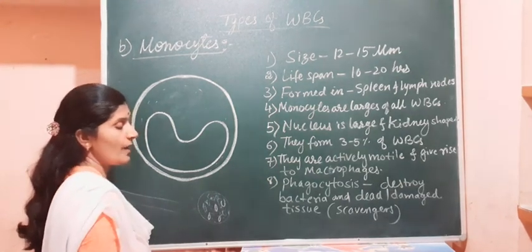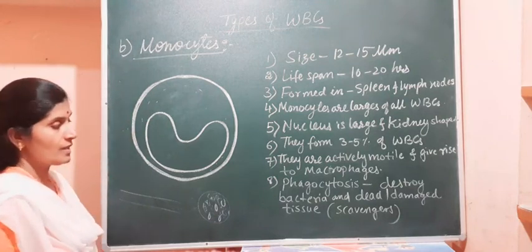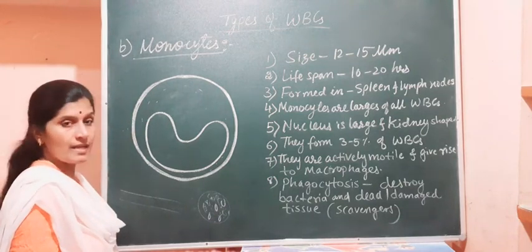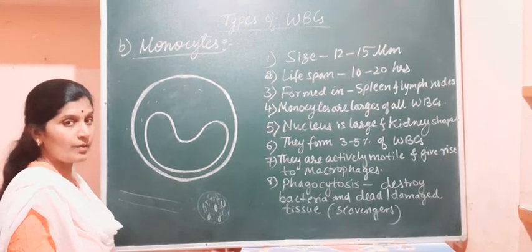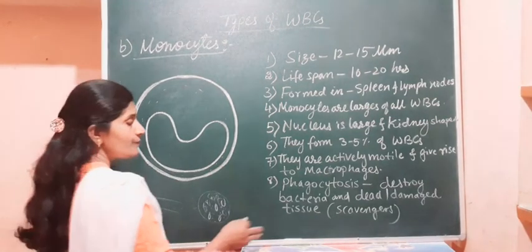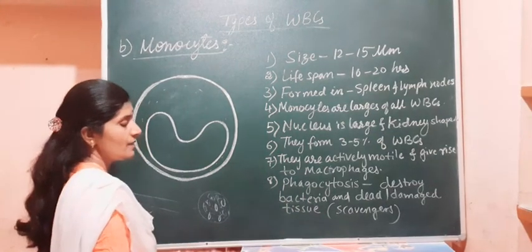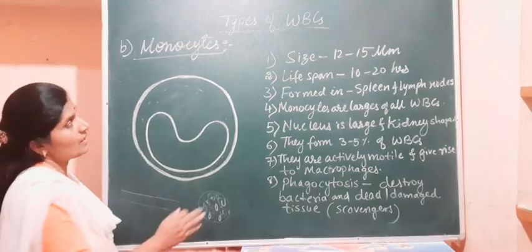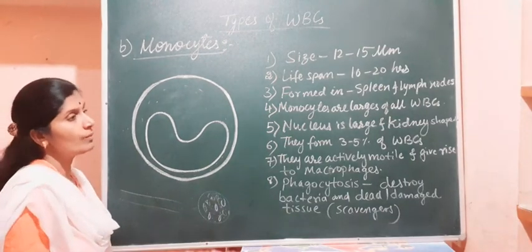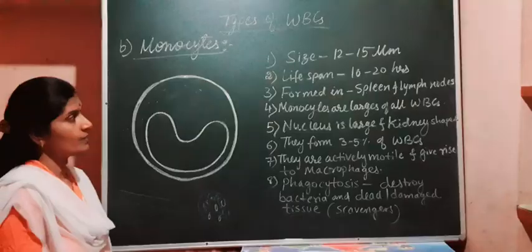They perform phagocytosis, destroying bacteria, and the dead or damaged tissues are engulfed by these macrophages. So they are called scavengers. In this way we have completed the 5 types of cells.